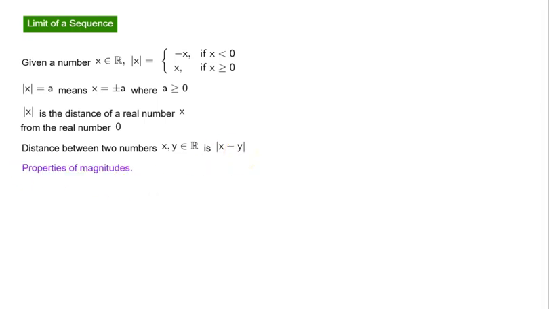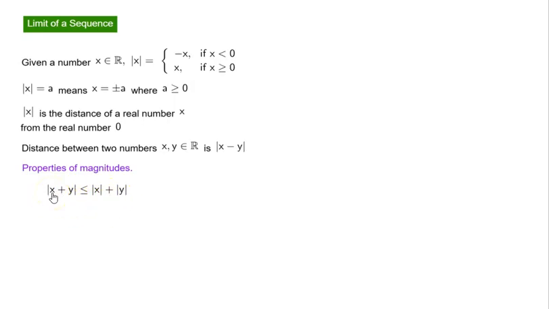Now, properties of magnitudes. Magnitude of x plus y is less than or equal to magnitude of x plus magnitude of y. Suddenly, how did this less than or equal to come? Because if both x and y are positive, then these two expressions will be equal.